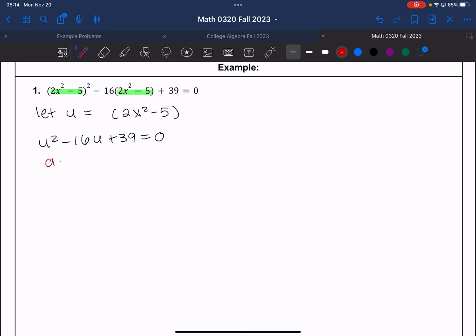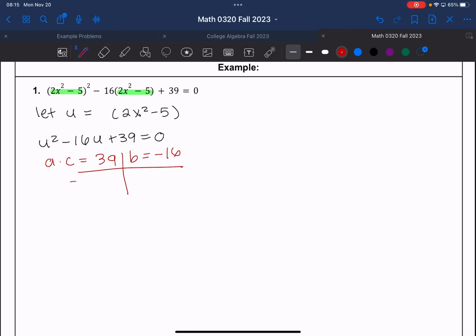I have A times C, which is 39, because there's no value in front of that U squared. And our B value is what number? Negative 16. So I need two numbers that multiply to 39 but add to negative 16. 13 and 3. Would they both be positive, both be negative?